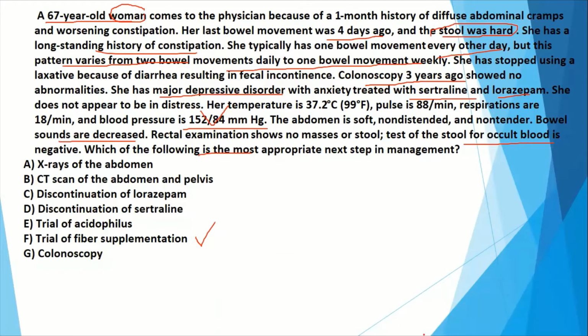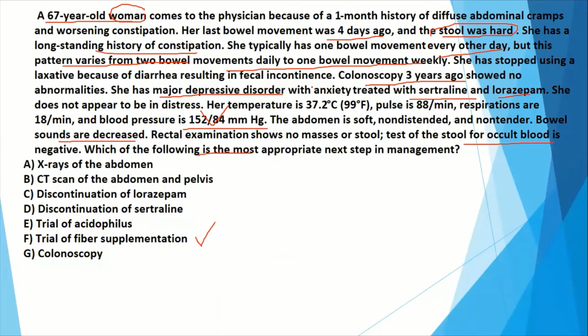So abdominal pain, change in consistency of the stool, change in frequency of the stool, and also the symptoms are related to defecation. They are relieved by defecation. So if two of these three criteria are fulfilled, then you label the patient as IBS.